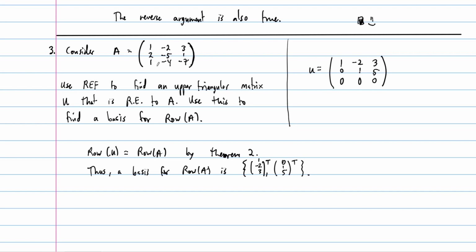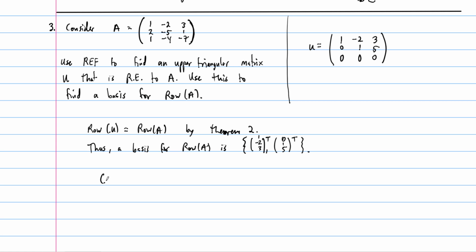All of the columns of A have entries in the third row, but none of the columns of U have entries in the third row. So there's no way to get a nonzero third entry using the columns of U, and the column space of A is not equal to the column space of U.